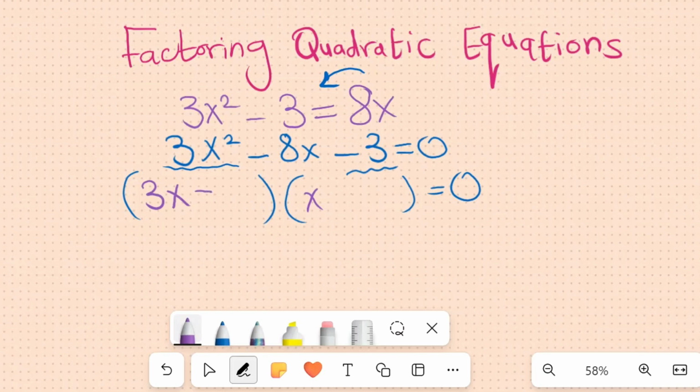We're going to put negative in the first bracket and positive in the other bracket, and 3 can be factored as 1 times 3.